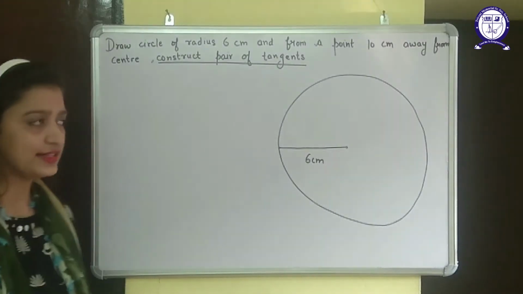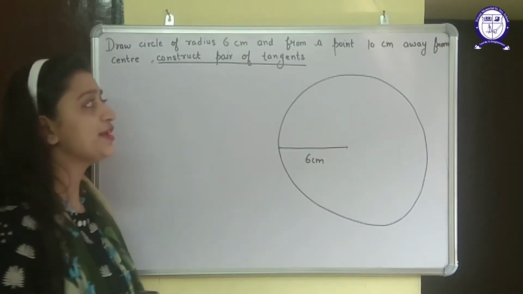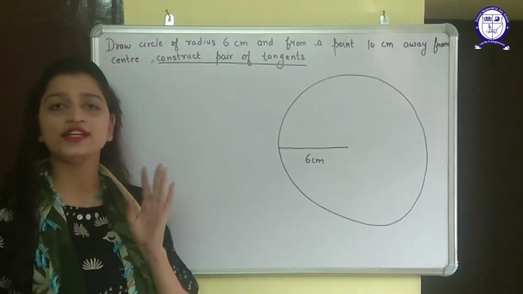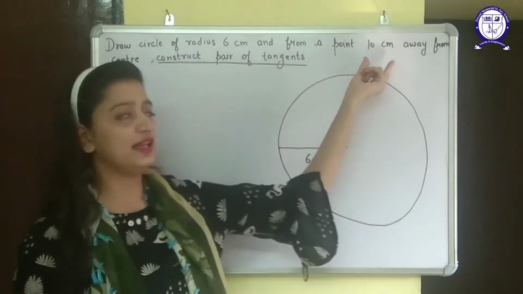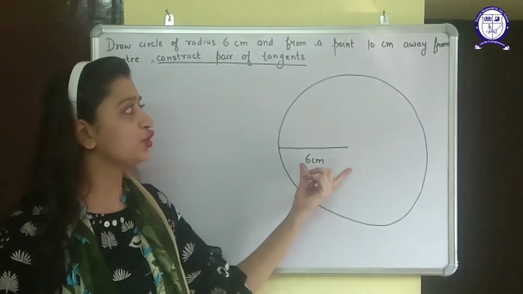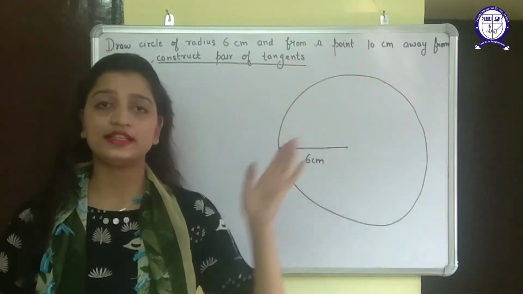Now the next step is, from a point 10 cm away from the center, you need to take a point 10 cm away from the center. So where will the point lie? The radius is 6 cm and you need to draw a tangent from a point 10 cm away.